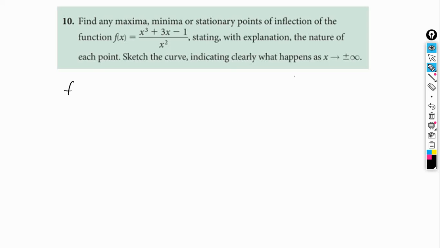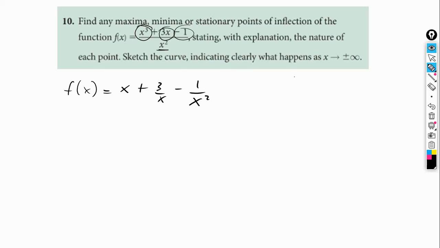So notice that we could rewrite f of x in a different way. We could just divide each one of these terms by x squared. What are we going to get? Well, f of x would equal x plus 3 over x minus 1 over x squared.